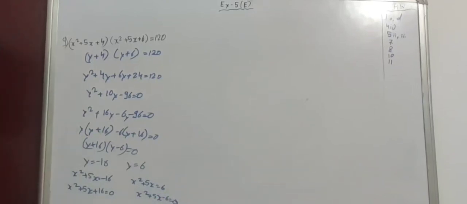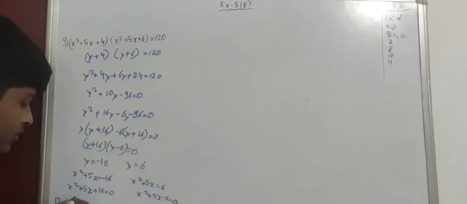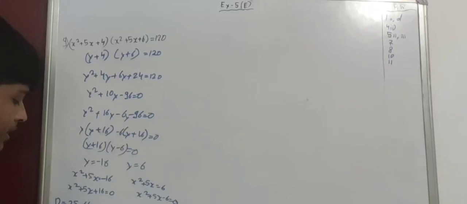Now friends, check both that whether the roots will be real or imaginary. So this is the formula of discriminant. B square means 25 minus 4 into A into C. So here it will be minus 39.